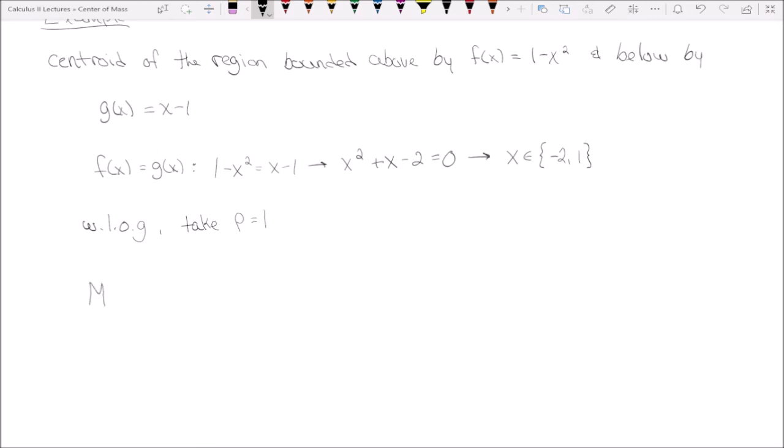The mass would then be the integral from negative 2 to 1 of f of x minus g of x, so negative x squared minus x plus 2 dx. So when we evaluate this out, we get 9/2.